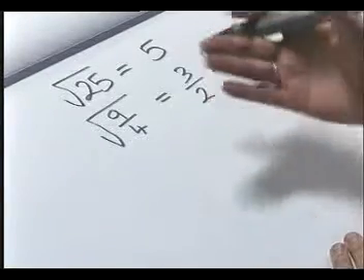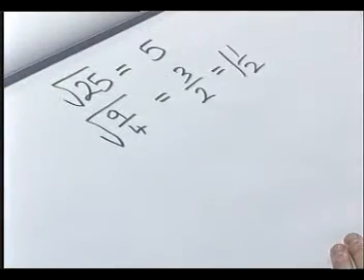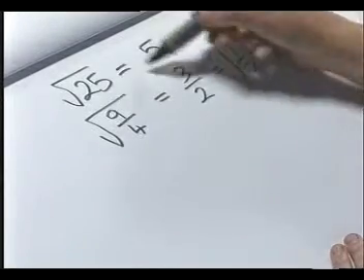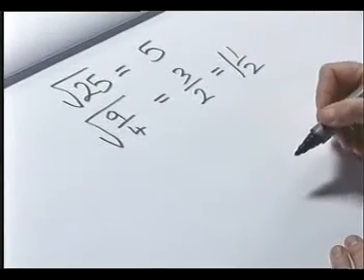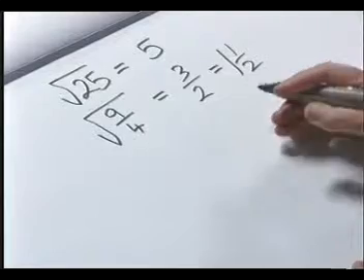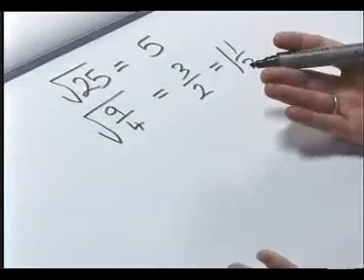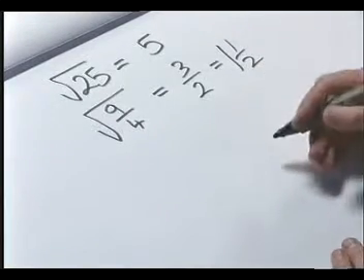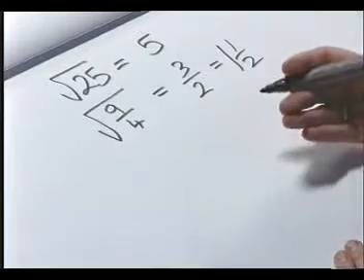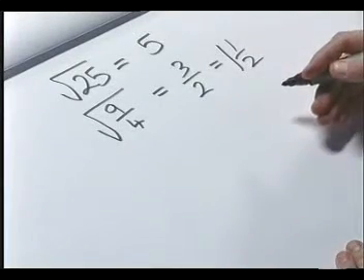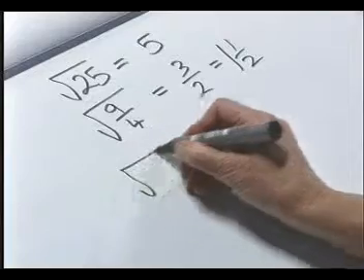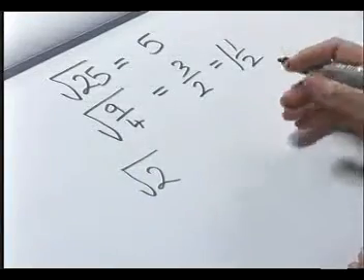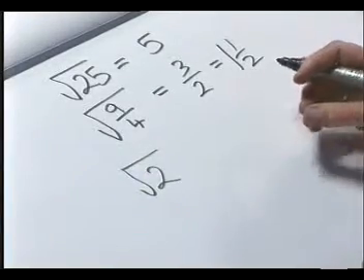But we've now taken square roots of whole numbers and fractions, and we've got answers that are whole numbers and fractions. But there are other square roots in which we don't get whole numbers or fractions. We get them as non-terminating decimals, such as root 2. Root 2 cannot be evaluated as a whole number or a fraction. Neither can root 3.